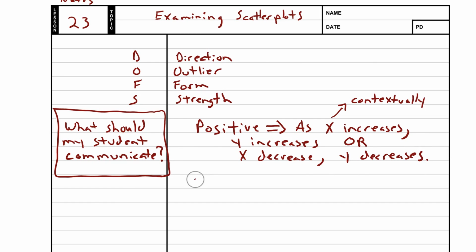When it is a negative trend, I want them to be able to say as X increases, Y decreases.